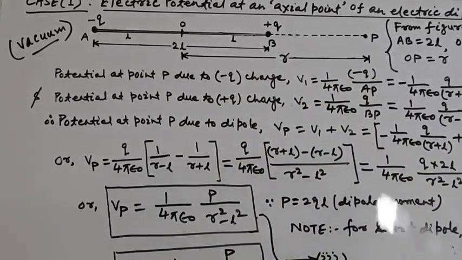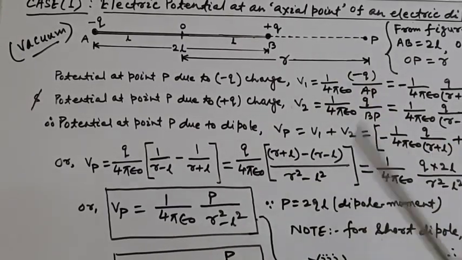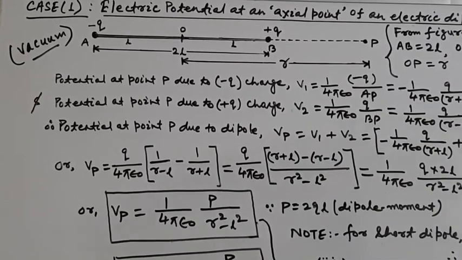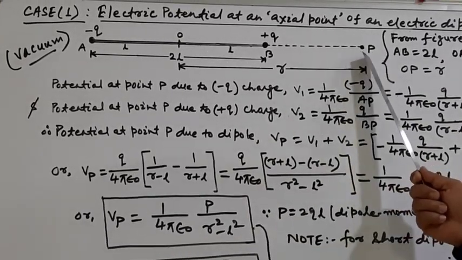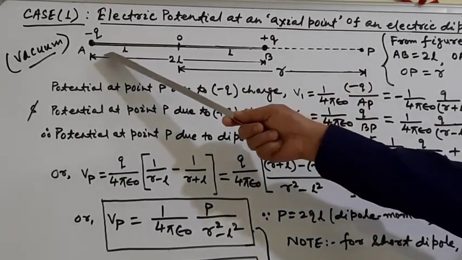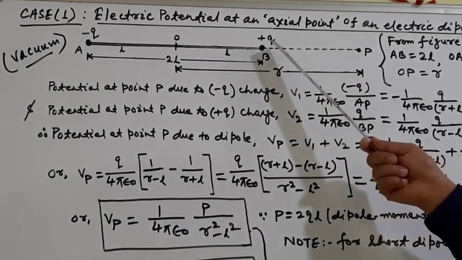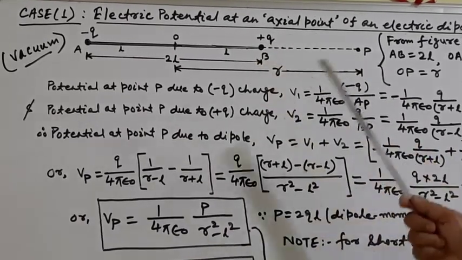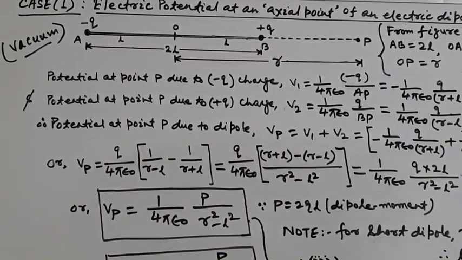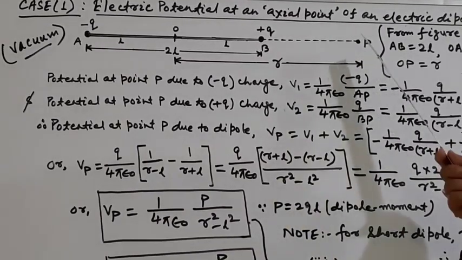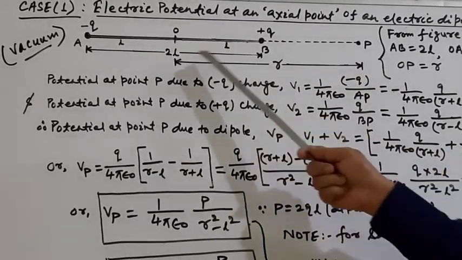So, in order to calculate electric potential at point P, what shall we do? We will calculate electric potential at point P due to minus Q charge, then electric potential at point P due to plus Q charge, and when both the potentials are added up, that will give the value of total potential at point P due to this dipole AB.